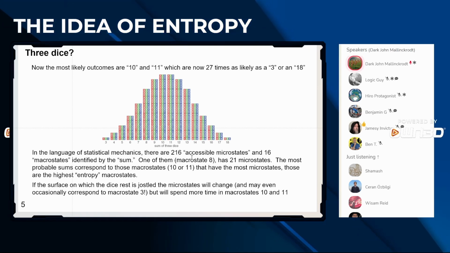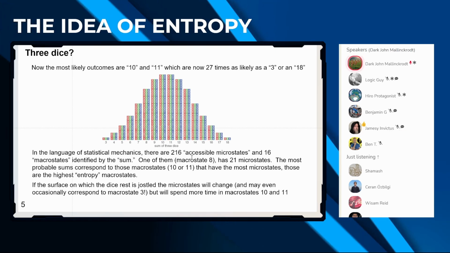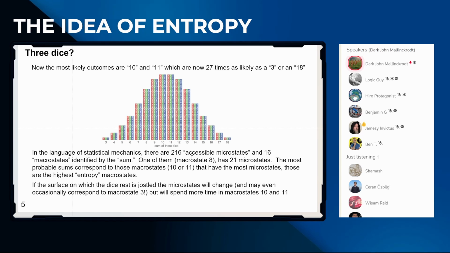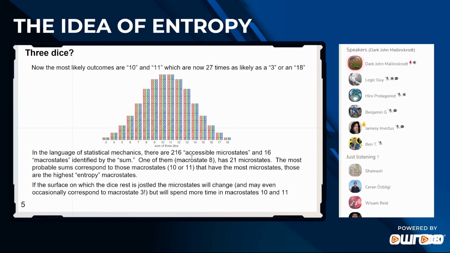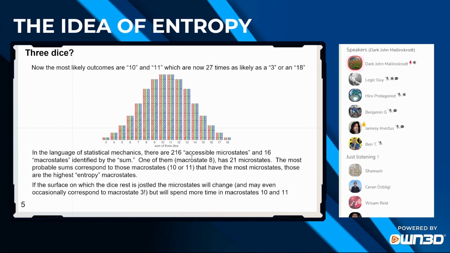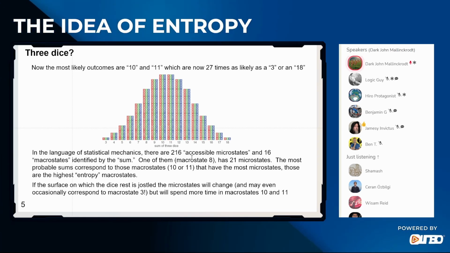High entropy macrostates are macrostates that have more microstates associated with them than low entropy macrostates. So macrostate 3 is a very low entropy macrostate because it has only one microstate associated with it. And in some sense, this is the idea of entropy right here. It's just that: macrostates that have lots of microstates associated with them.